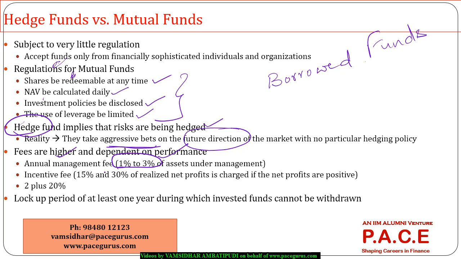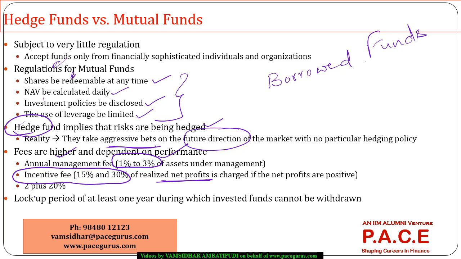Generally 1% to 3% of the total assets under management is charged as an annual management fee. But if you look at these numbers, the incentive fee is something that is skyrocketing: 15% to 30% of the realized net profits, especially if the profits are positive. So that is the motivator for the hedge fund managers to take risks and invest very heavily.